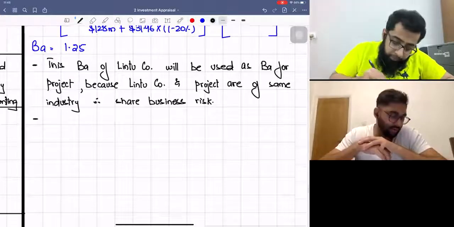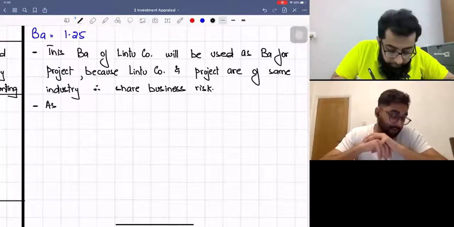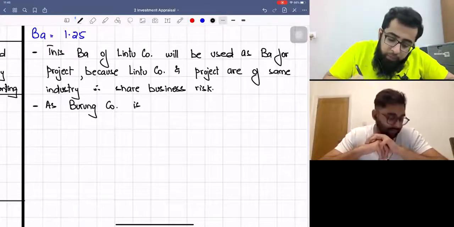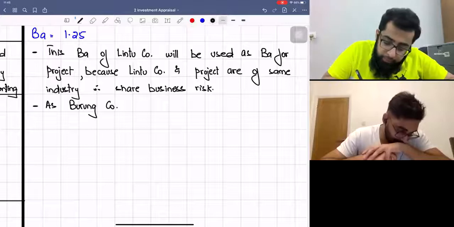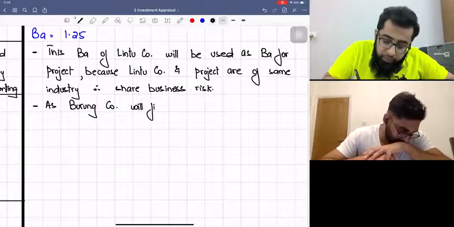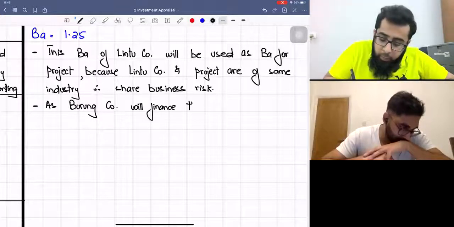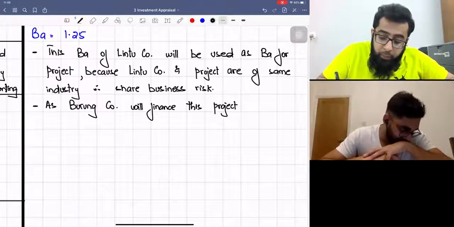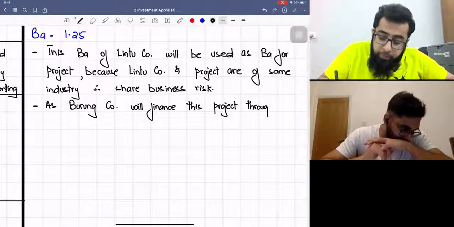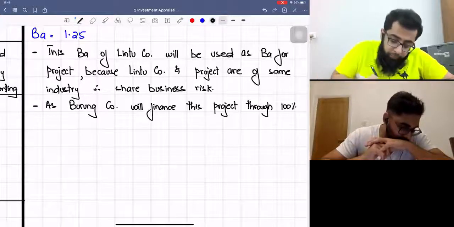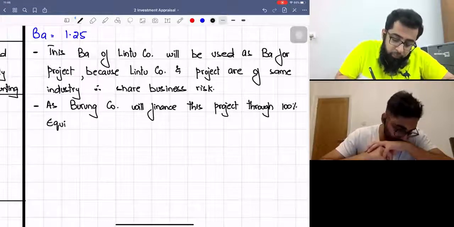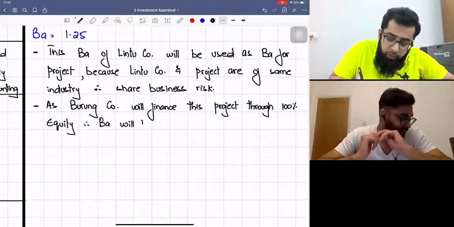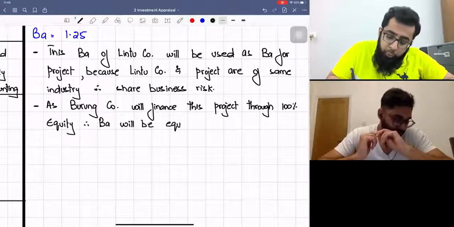As Burung company will finance this project through 100% equity, therefore beta asset will be equal to beta equity.